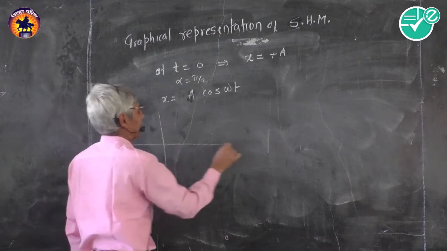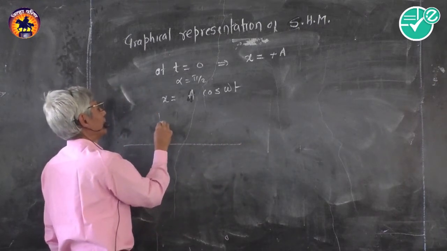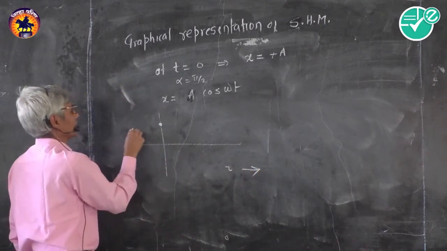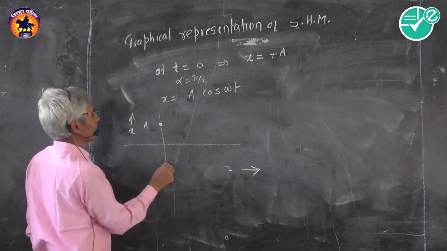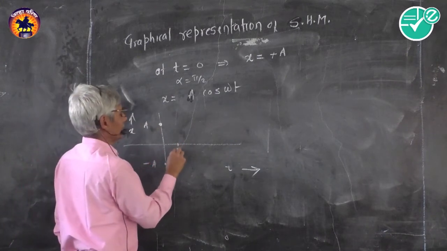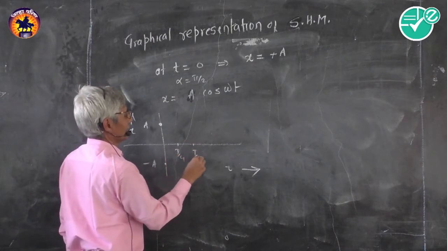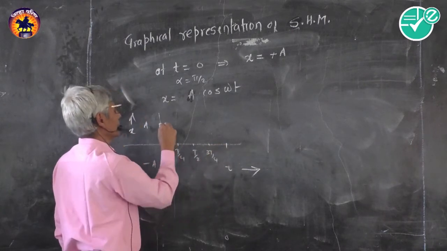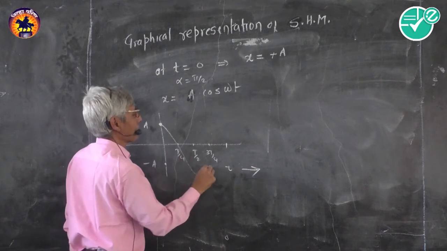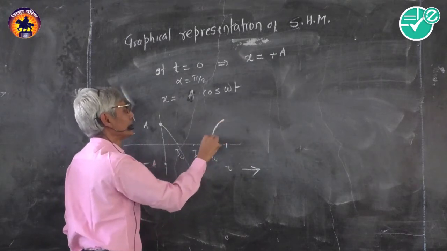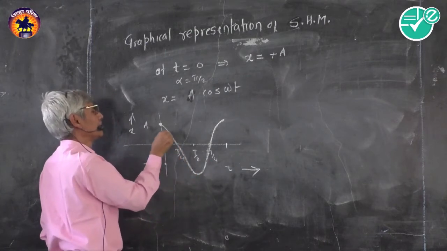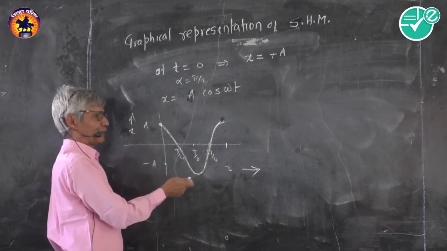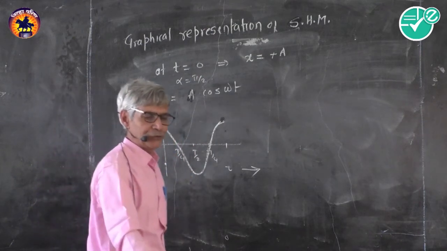The variation is represented by, at t equal to 0, x is positive. This is the variation of the displacement with respect to time when the particle starts from the positive extreme.